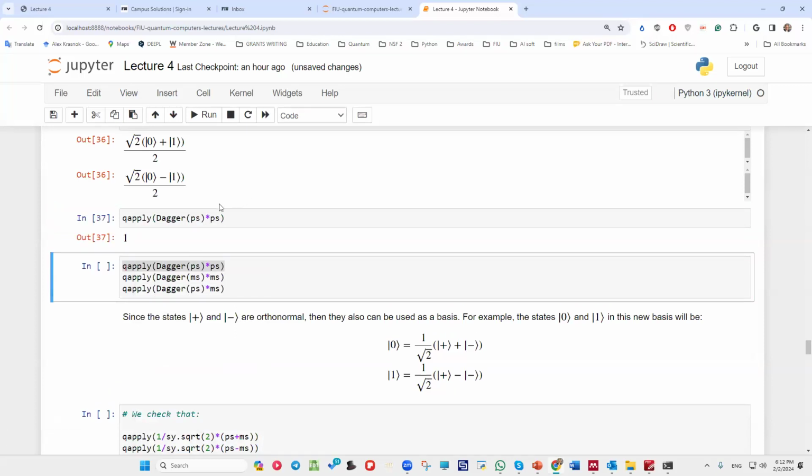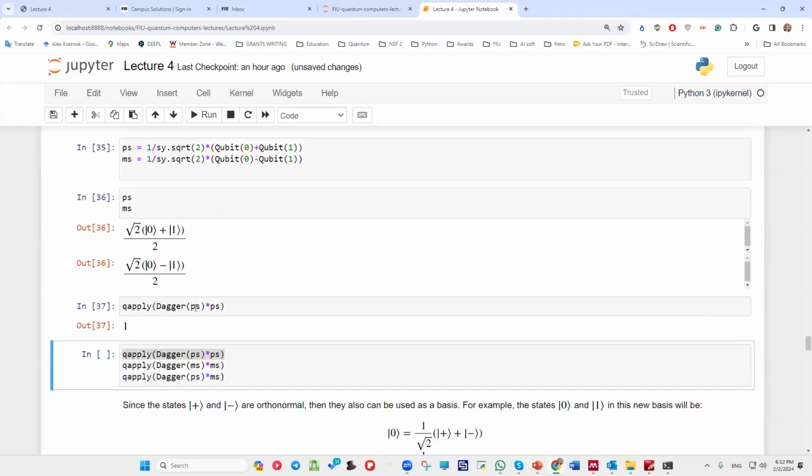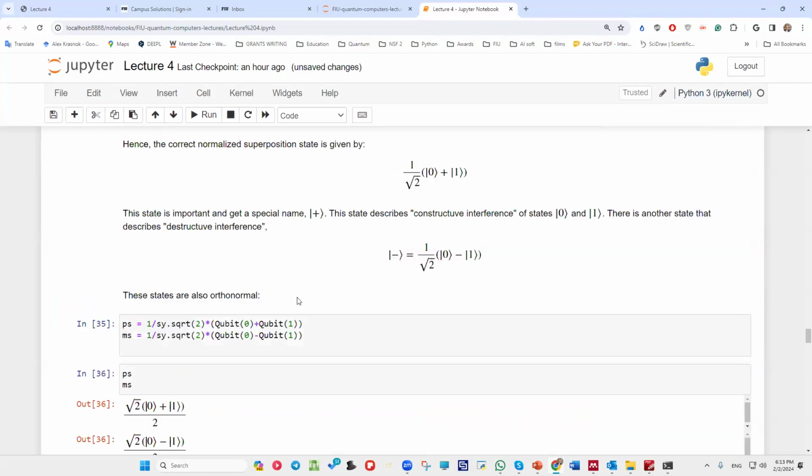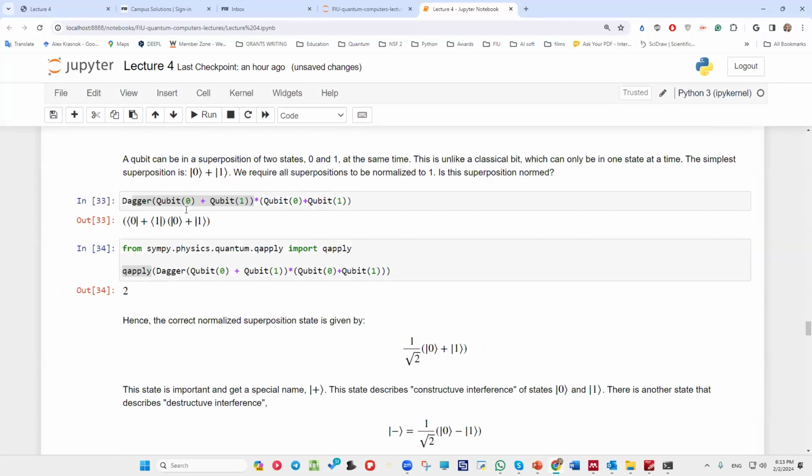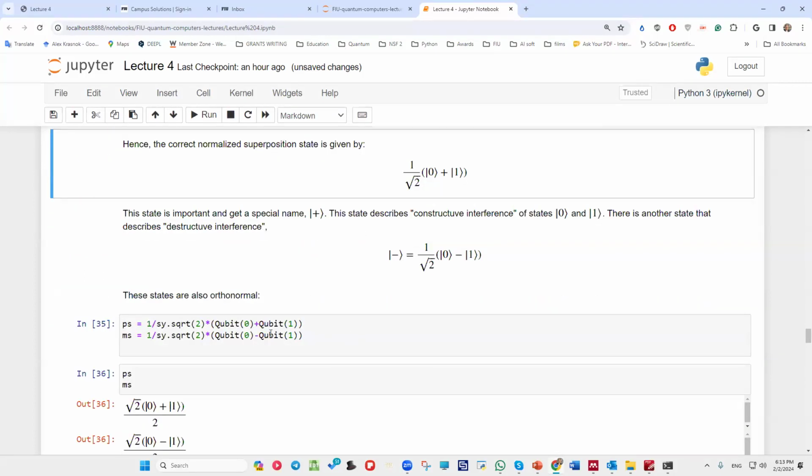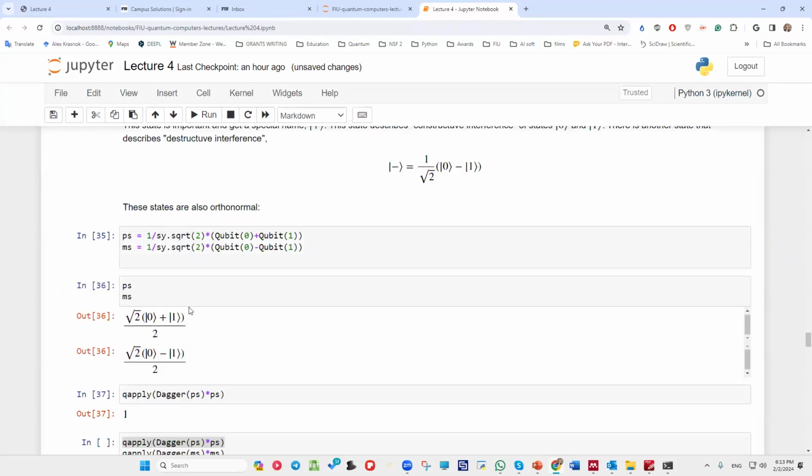All right. So indeed, the result is 1. So this state plus is normalized, which is good. But we expected that, because this is the reason why we introduced this factor 1 over square root of 2 to normalize this state plus.